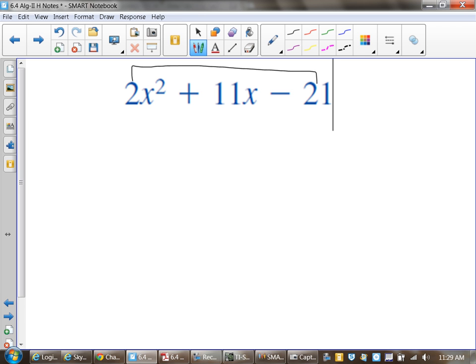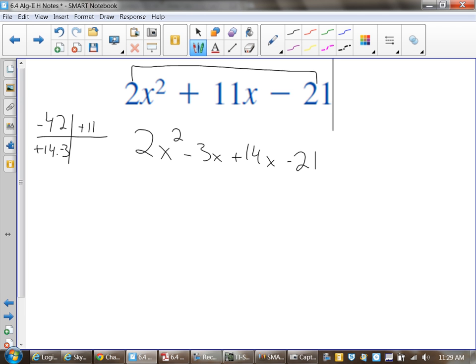What's 2 times 21? 42. What times what is negative 42 and adds together to get positive 11? 14 and 3. So I want positive 14 and a negative 3. So we write it out: 2x squared minus 3x plus 14x minus 21.